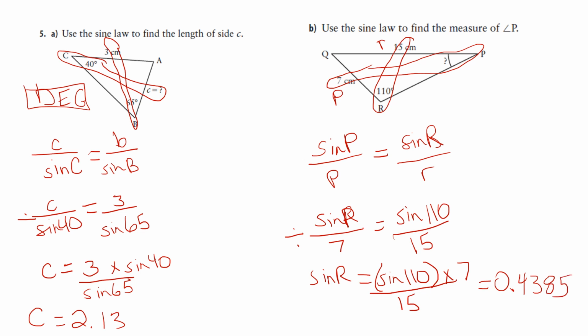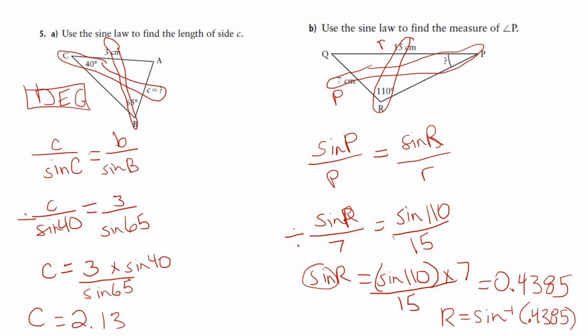And we have to undo this sine here, and the way we're going to undo that is we're going to take what we call the sine inverse. It looks like sine to the power of negative 1 of 0.4385, or if you can do more decimals because you have it saved on your calculator, that's great.